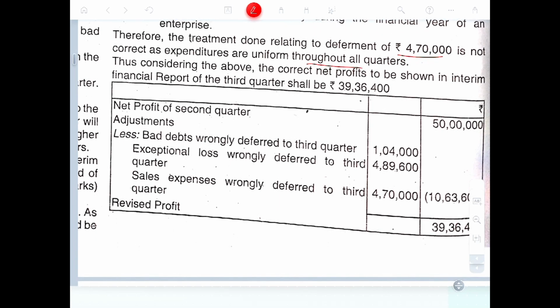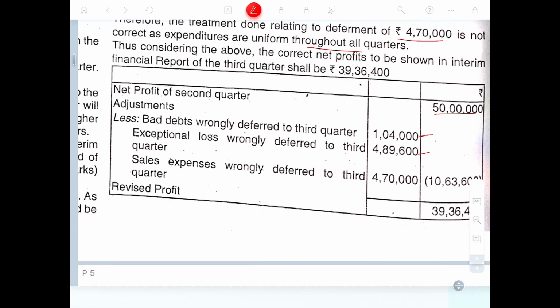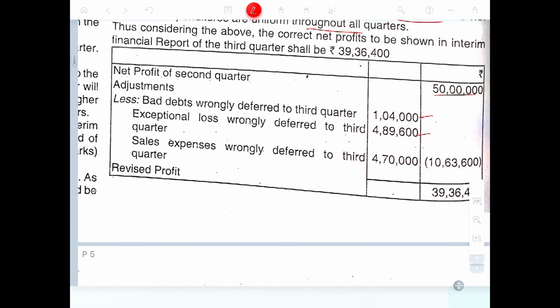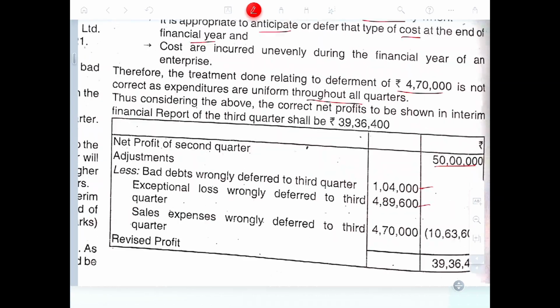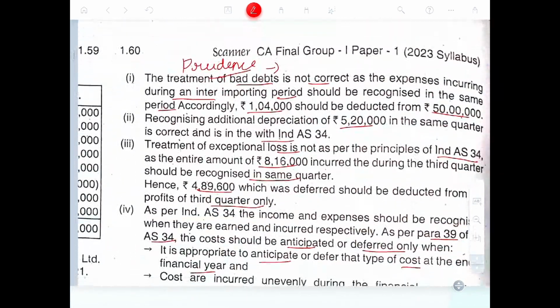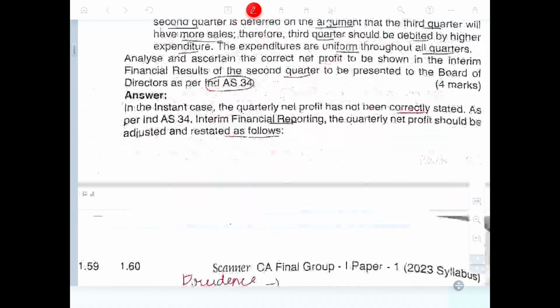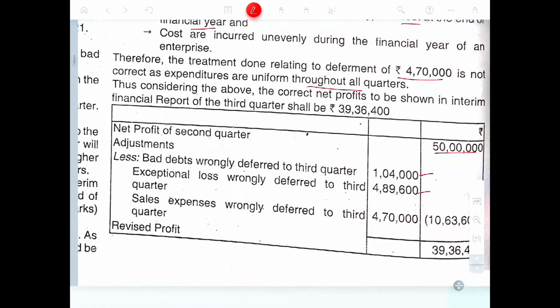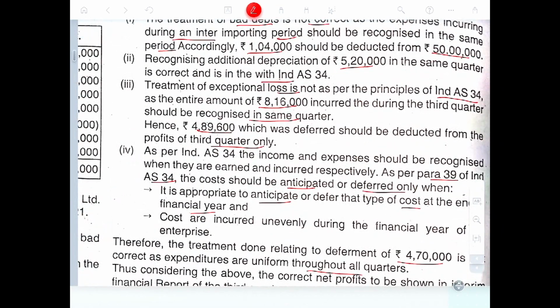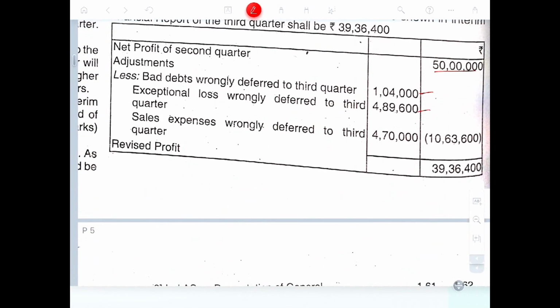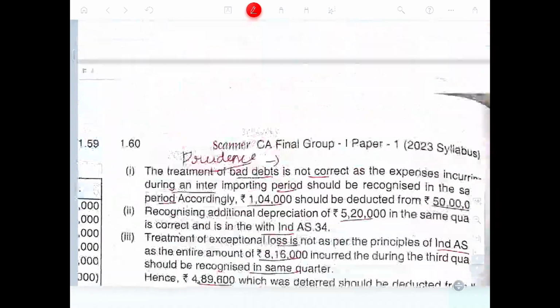Thus, considering the above, the correct net profit: 50 lakhs minus 1 lakh from bad debts, exceptional loss 3 lakh 90,000 added back, so the loss is 3 lakh 89,000. 816,000 into 40% is 3 lakh 26,000. 4 lakh 8,600 sales expenses wrongly debited 4 lakh 70,000.